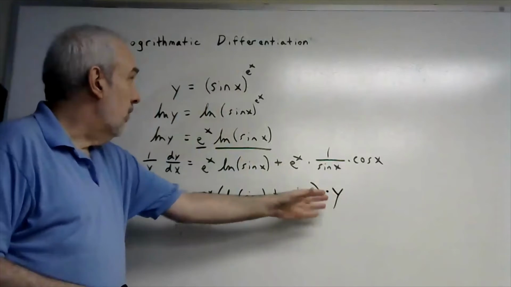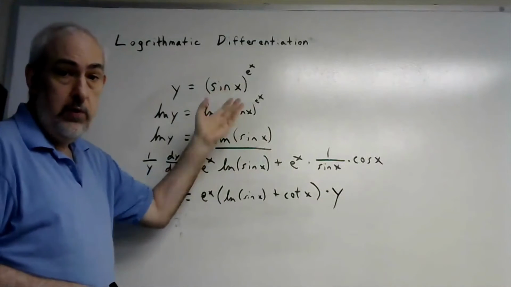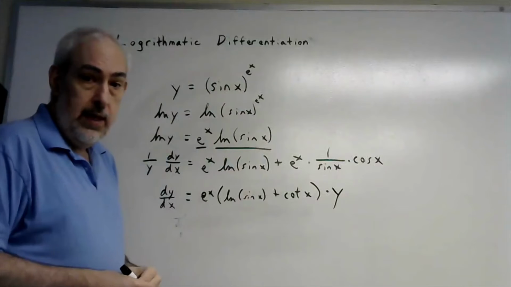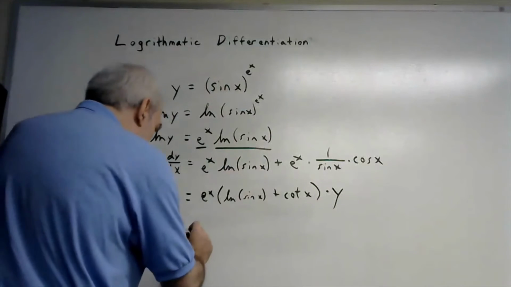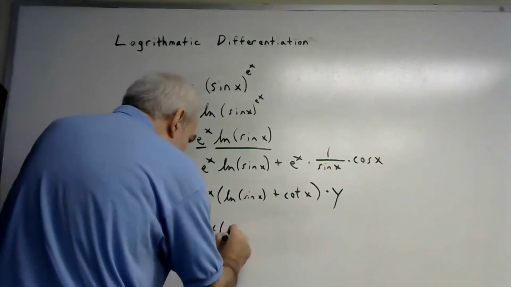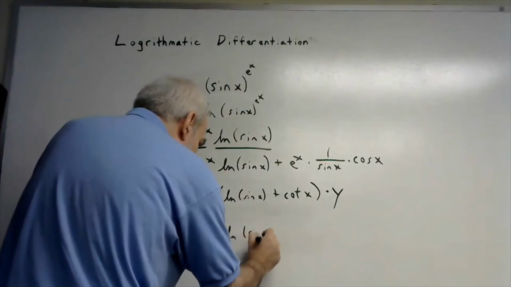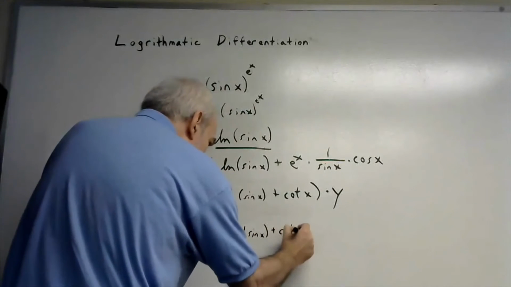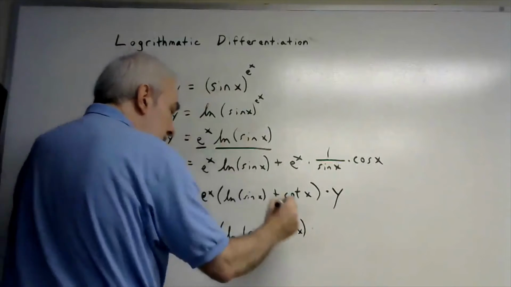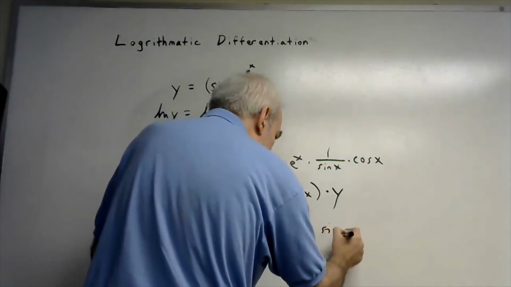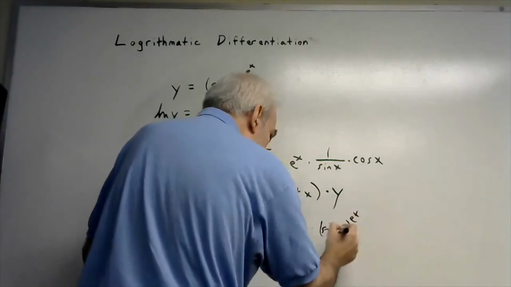And we can once again replace the y with what it's equal to, sine of x raised to the e to the x. So our final answer is going to be e to the x times natural log of sine x plus cotangent x, times sine of x raised to the power of e to the x.